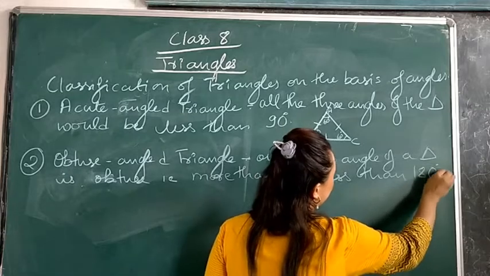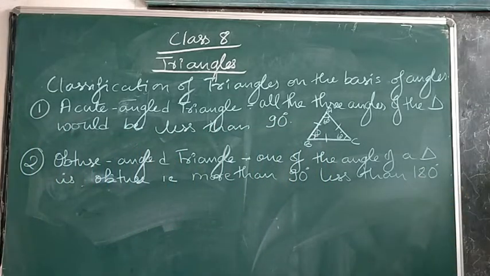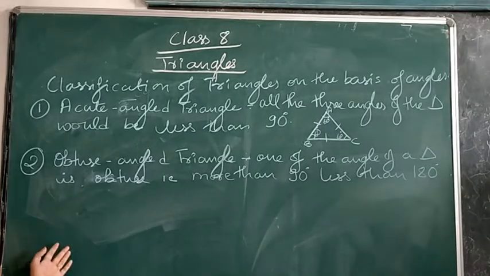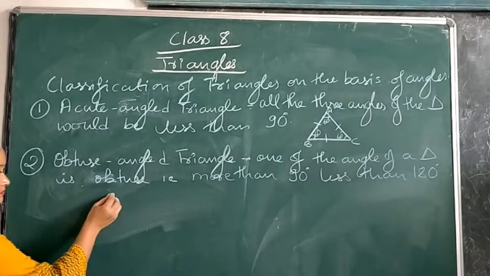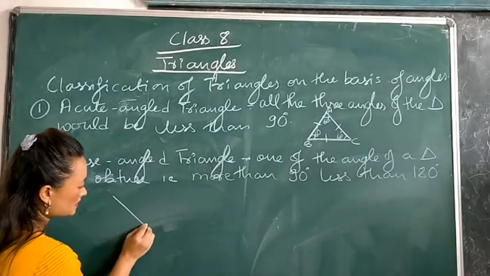180 degrees. So what do you mean by obtuse angle triangle? It means one of the angles of a triangle is obtuse, which is more than 90 and less than 180. So let's take this triangle.